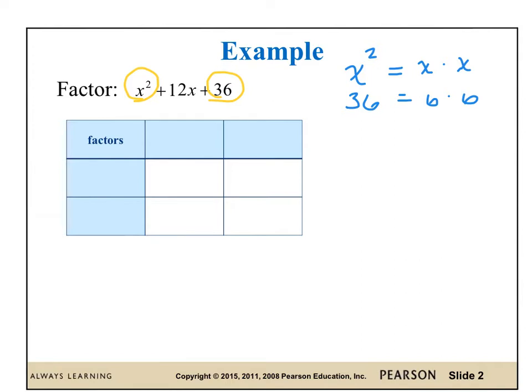So when your first term and your last term are both perfect squares, one of the things that you should notice is that one possibility for the factors would be x times x for your first terms. And since this is positive and your middle term is positive, positive 6 times positive 6, because positive 6 times positive 6 will give us that positive 12.